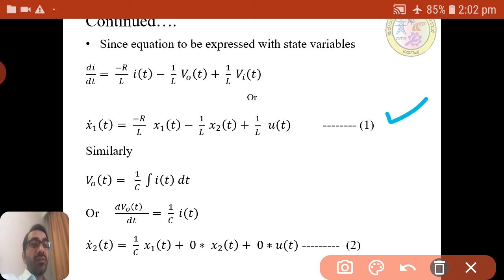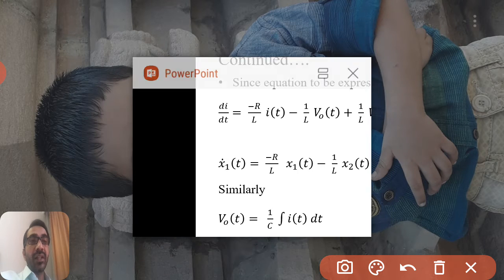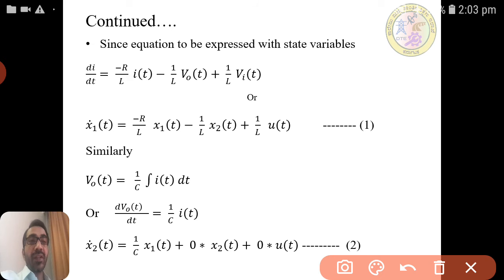Okay, so now as vc is the second state variable, we will consider v naught of t is equal to 1 by c integration of i dt. If you take a derivative of that, the derivative of v naught of t by dt is equal to 1 by c into I of t.